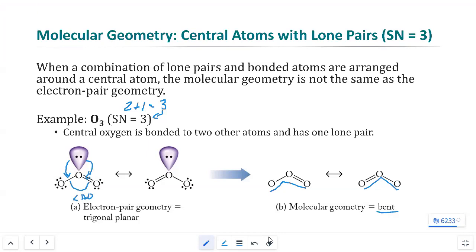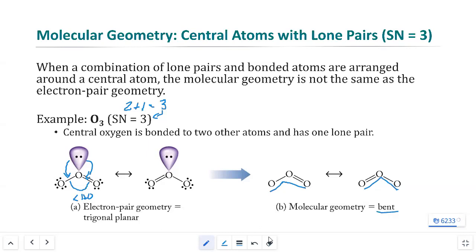How much does it shrink? We don't know. Well, I mean, we could. But there's no hard and fast rule that says one pair of electrons shrinks your angle by 5 degrees. It's 115. It all depends. It depends on what those other bonds are. So rather than speak in specifics, we're going to speak in generalities when it comes to bond angles.